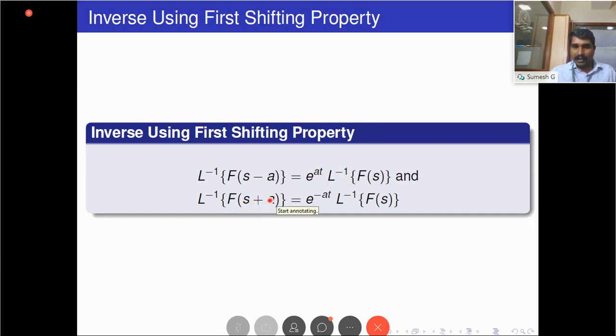If the function is f of s plus a, to eliminate the effect of plus a, we have to multiply by e raised to minus at. Now we move on to problems.